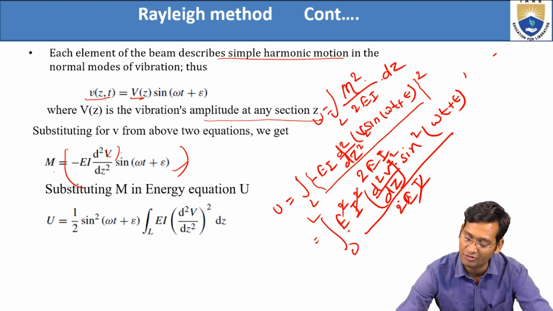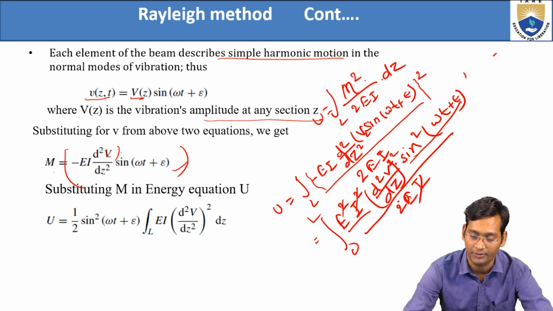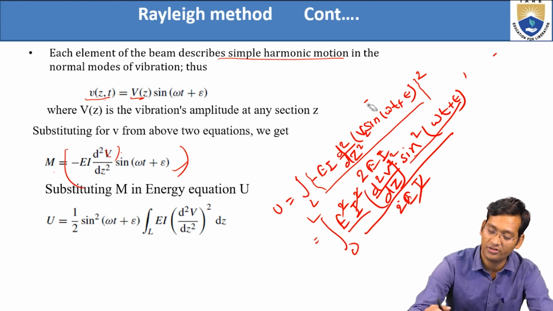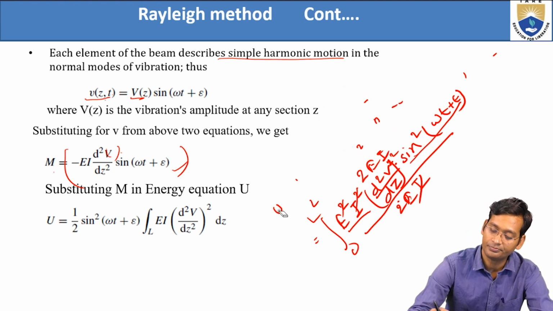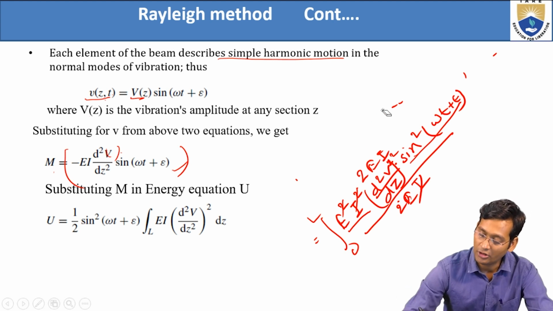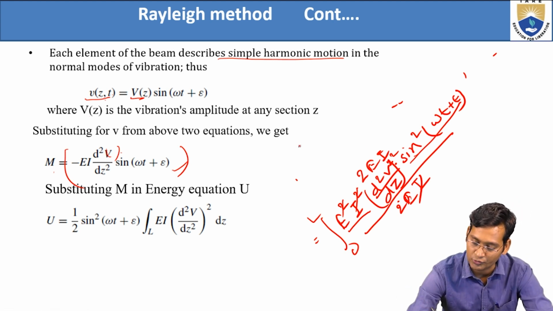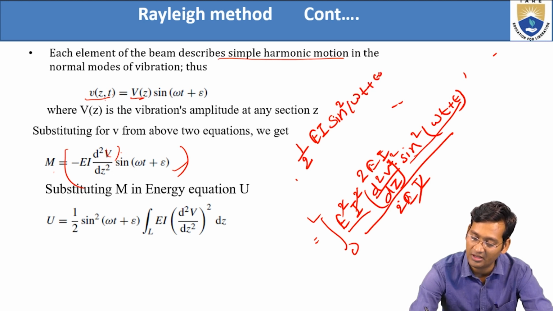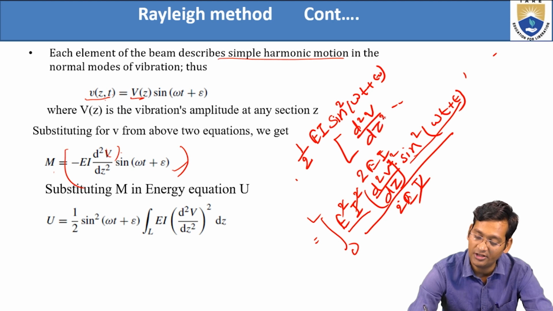Now what is constant here? One EI is left, and this sine square omega t, so let's take that out of the integration. Taking EI and sine square, and this 2, so 1 by 2, EI sine square omega t plus epsilon, this is common. Now what is left here is d2V by dz square whole square into dz.